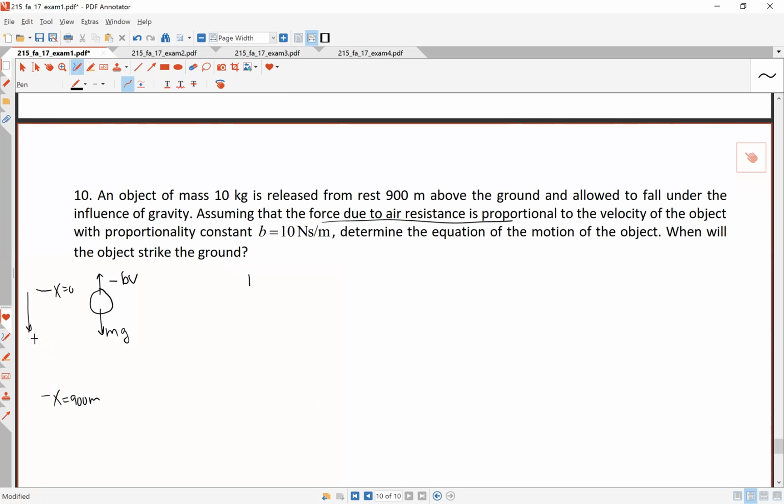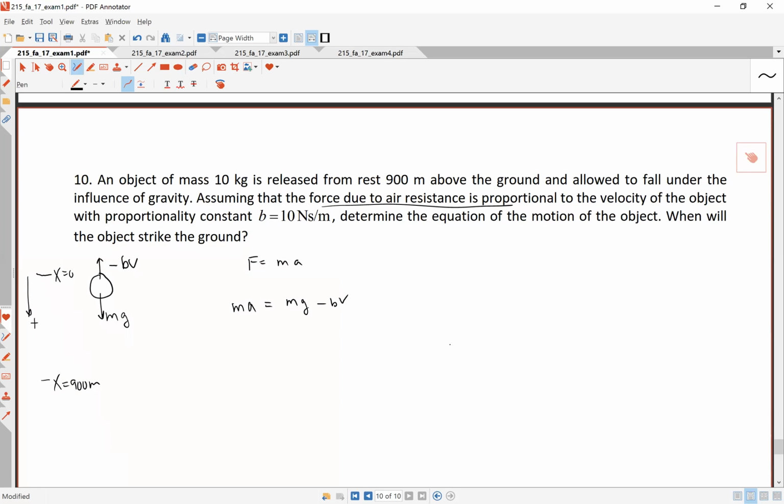Okay, so we know that the sum of the forces on the object is equal to its mass times acceleration. So its mass times acceleration, it's got an mg in the positive direction and a minus bv in the negative direction. So the acceleration is equal to g minus b over m v.